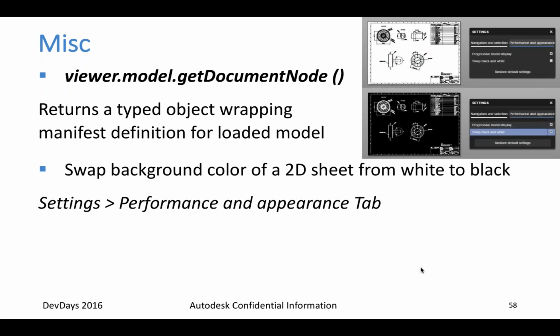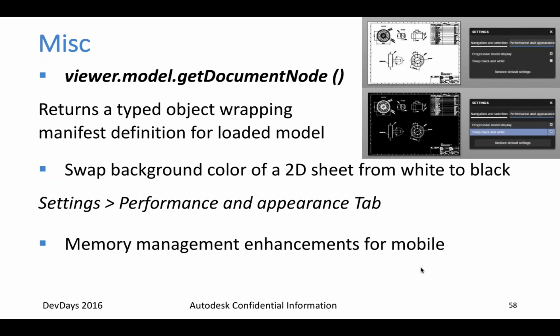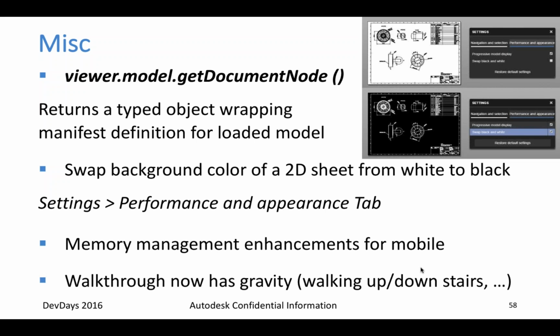On 2D drawings, you can swap the background color from white to black, so you can invert the colors for visibility. There's also a memory management enhancement for mobile. And the walk-through feature has no gravity, so you can do things like walking up and down the stairs when you are using this first-person walk-through mode.